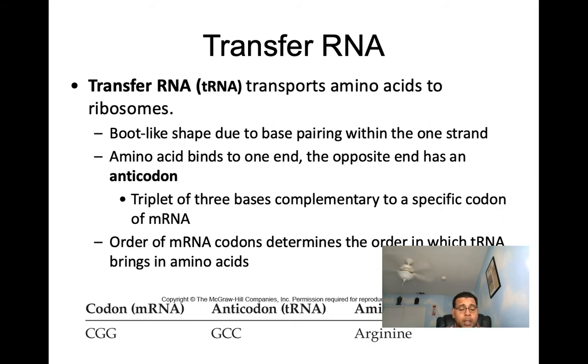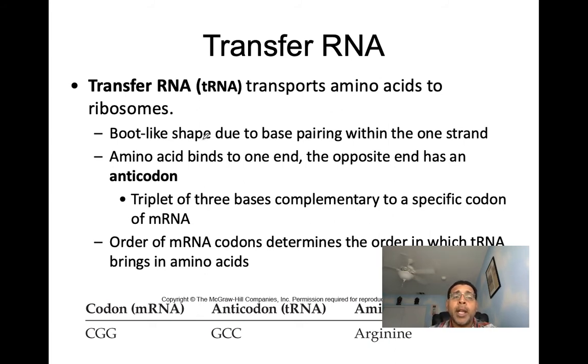Each tRNA molecule has on one end an amino acid, and the other end is an anticodon end, a triplet of 3 bases complementary to a codon of mRNA. Now, when the tRNA amino acid complex comes to the ribosome, its anticodon is going to pair with an mRNA codon.